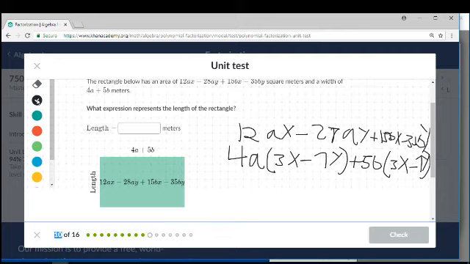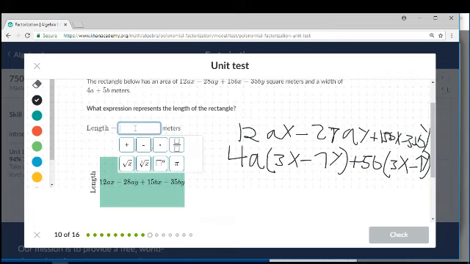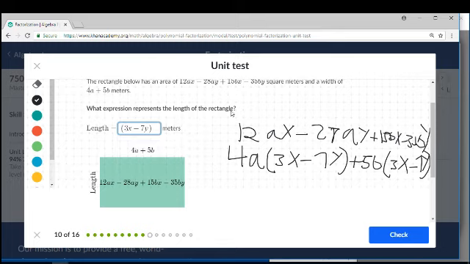So the answer here is going to be 3x minus 7y. Why is that the answer? Because essentially we factored out the width out of this term when we factored by grouping.